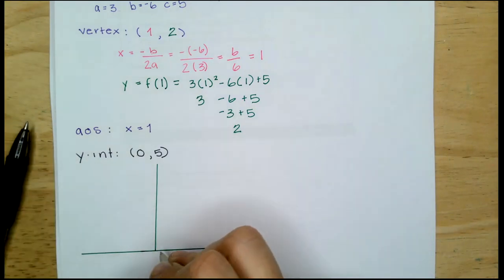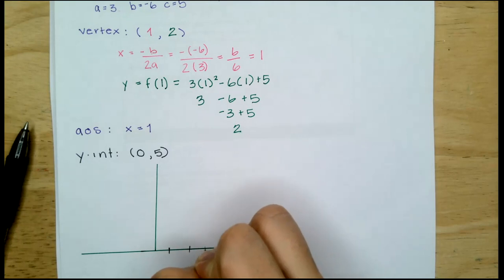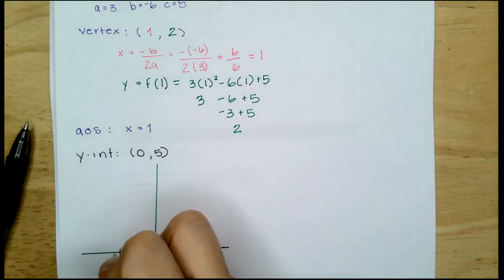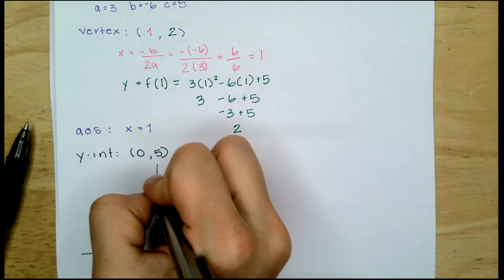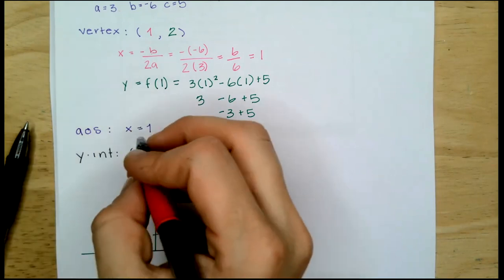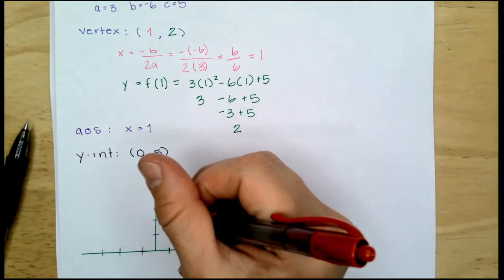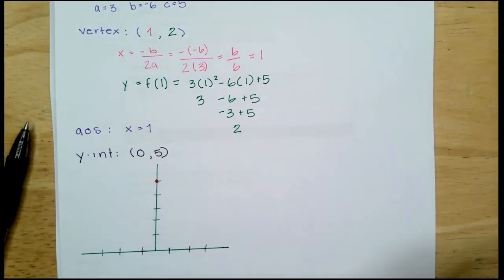All right. I know that my y-intercept is 0, 5. So it's going to cross right here.